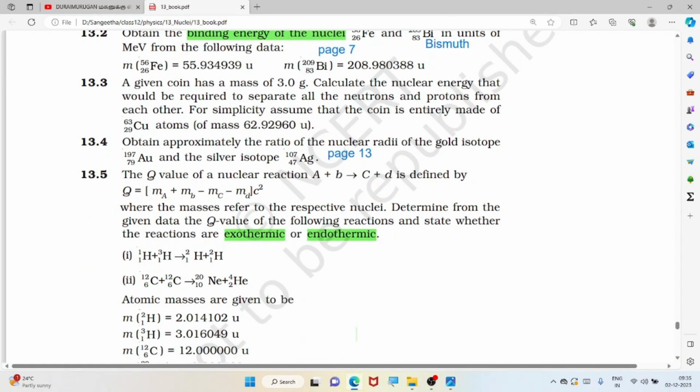A coin of mass 3 grams: calculate the nuclear energy that would be required to separate all the neutrons and protons from the coin.